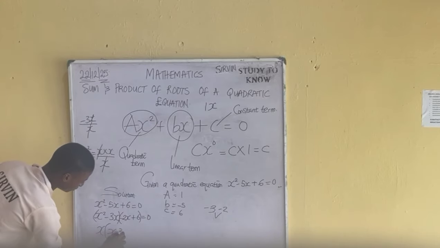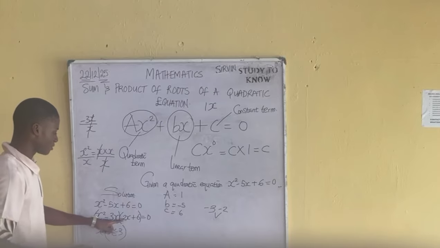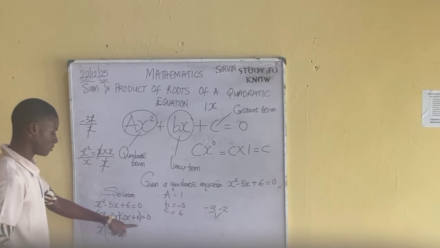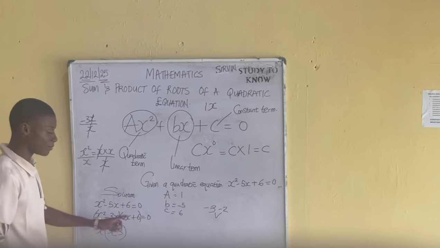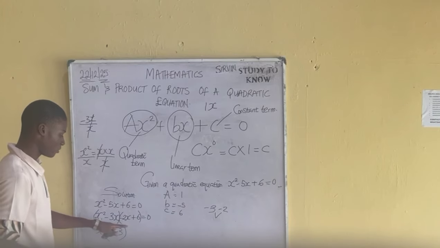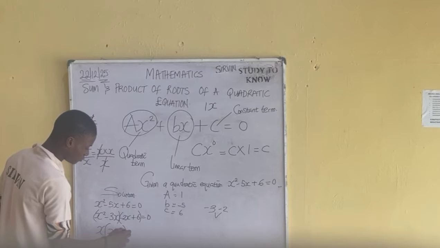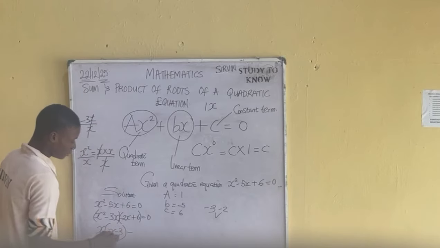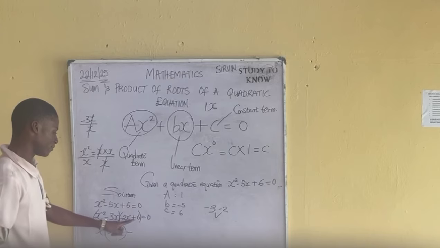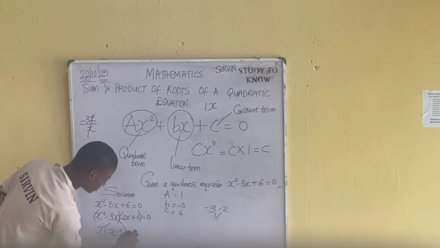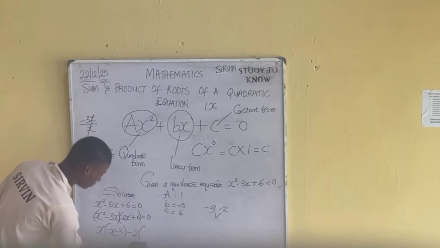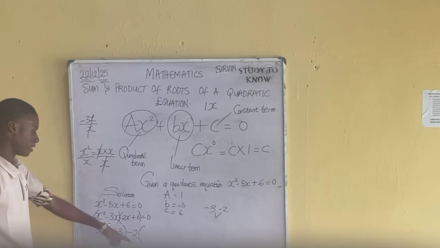Now I have minus and plus, two different signs in one bracket. As long as you have minus and plus in one bracket, minus will always take the lead. So minus will be outside. Then 2 is divisible into itself and 6, so I'll make that 2 outside. I'm going to divide the inside by the outside.